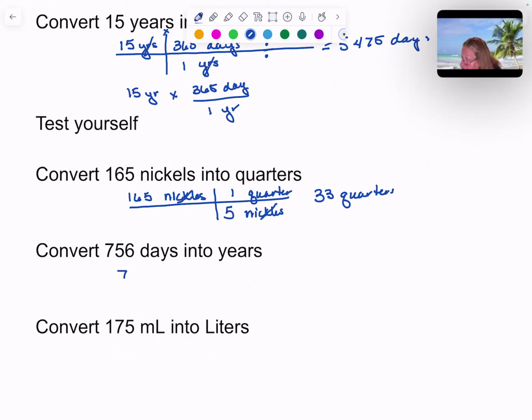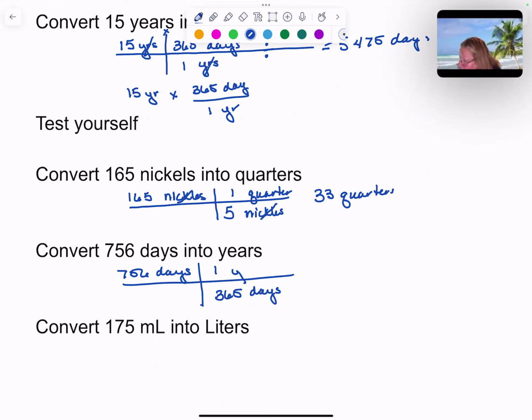Here we're going to take 756 days and use the monorail method. There's 365 days to 1 year. 756 divided by 365 is going to give me 2.071232877 years. Okay, once again, this number is a bit absurd.